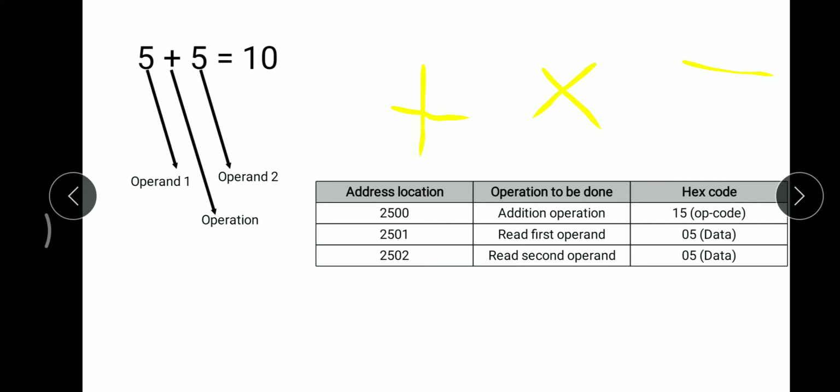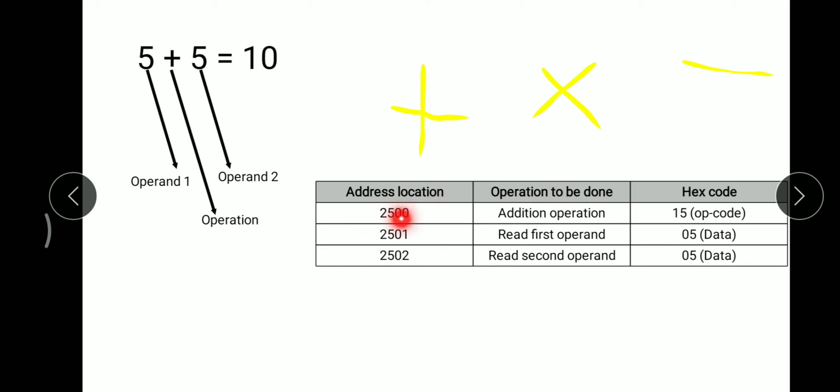Similarly, a predefined instruction set is available for 8051 also. Each has its own predefined instruction set. Instruction set means instructions associated with a hex code. Say, for example, for the addition operation I am setting 15 as the operation code, and it is stored in a memory location called 2500.